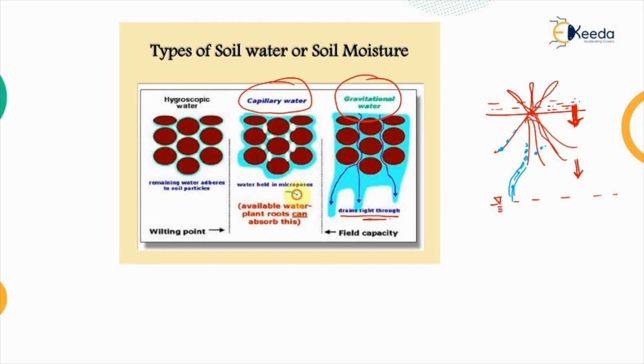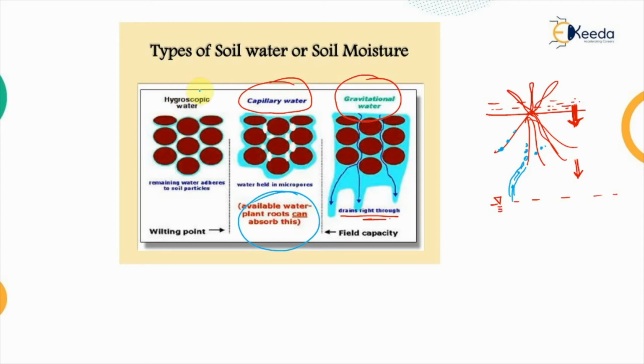So this is the available water which the plant can absorb through the roots, and this water should be available above the wilting point of the plant. That means the minimum water level below which the plant would not be able to survive.